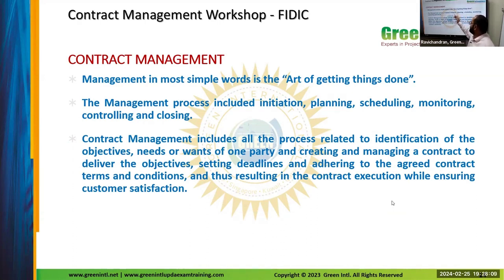So initiation is defining the objective, why you need it, what is the purpose, what you are going to achieve. Then planning it, to plan what resources you will need, how much budget you are going to need. Then scheduling, like how much time frame you have to complete it, how you are going to schedule it. Then we have to monitor it when the project actually starts.